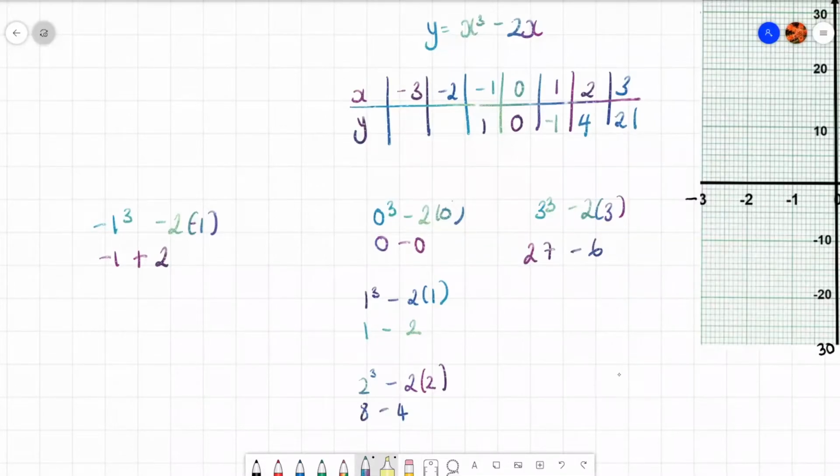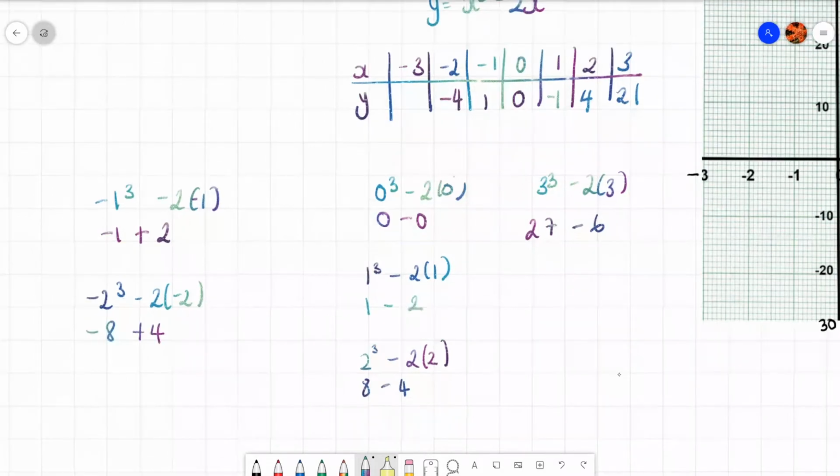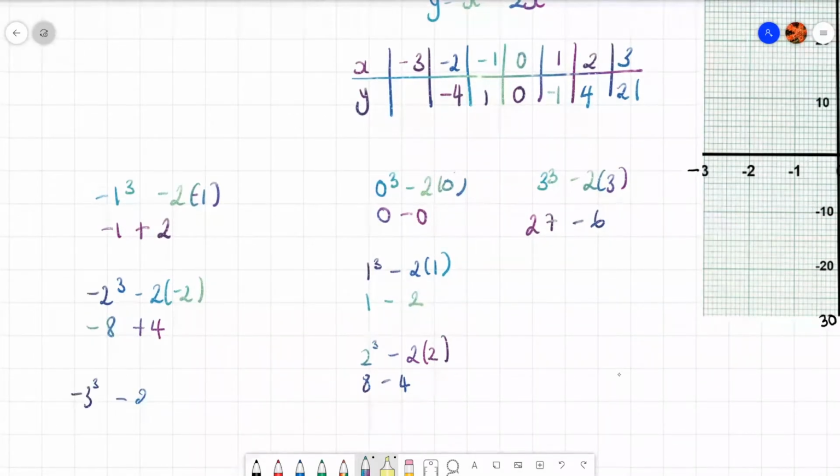I'm going to have -2 cubed minus 2 times -2. -2 times -2 times -2 is -8. The -2 times -2 is +4. That is -4. The next one, -3 cubed minus 2 times -3. Well, -3 cubed is -3 times -3 times -3, which is -27, plus 6, which is -21.